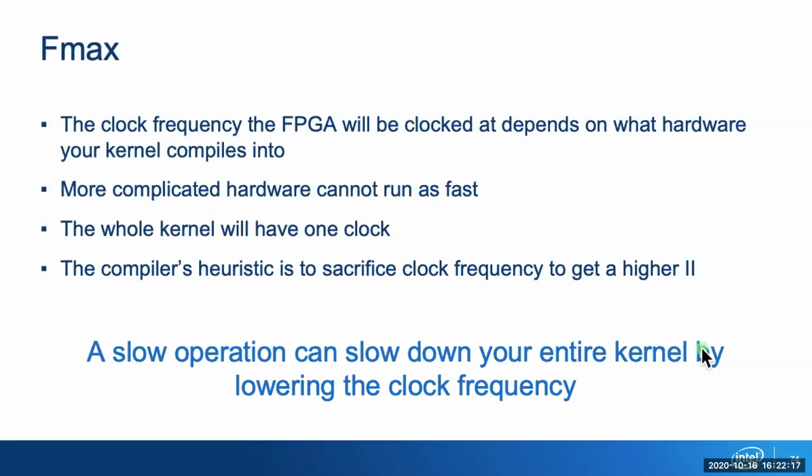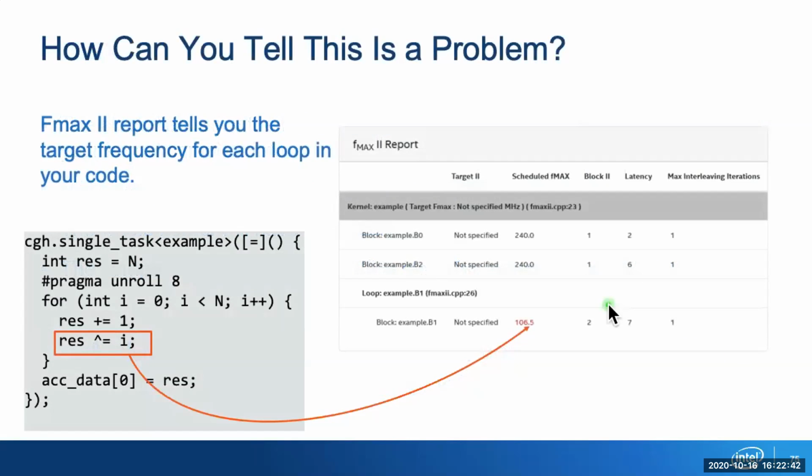Your entire kernel will work at the lowest frequency of your circuit. So if you have a piece of hardware that runs slow, your entire kernel will be slow. So the compiler risks sacrificing clock frequency to get a better initiation interval, but sometimes you can adjust this with parameters.